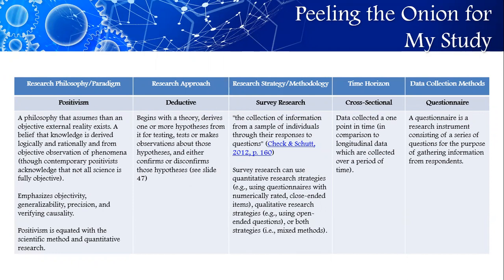And I'll allow you to read through the description of each of these in your own time, but I think it's important that you understand that no matter what study you read, there are many different assumptions that underlie it.